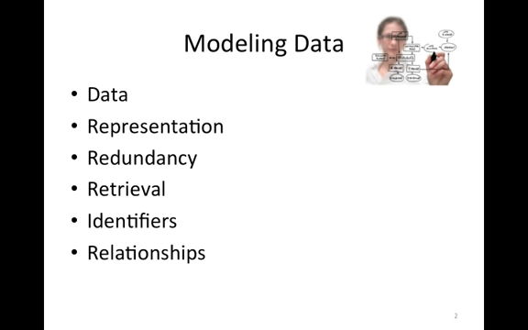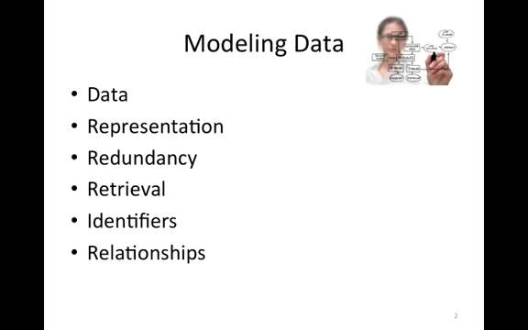We want to think about the issue of redundancy. One of the problems that systems have had over the years is that due to the way that they were designed or implemented, sometimes we had to duplicate data. And when data is duplicated, it is rife with the possibility of errors.